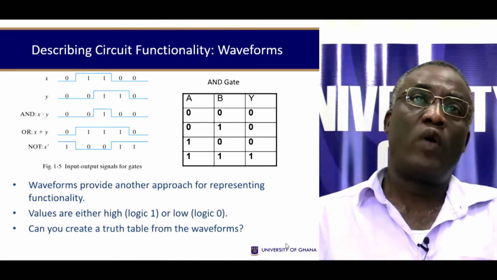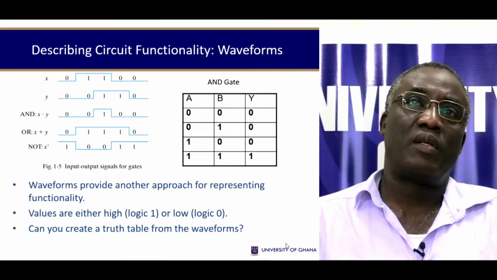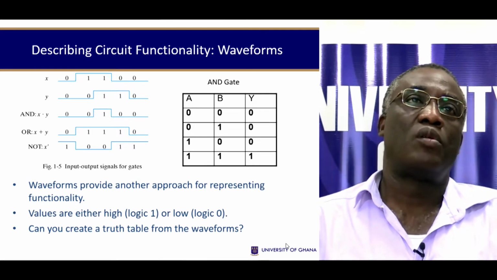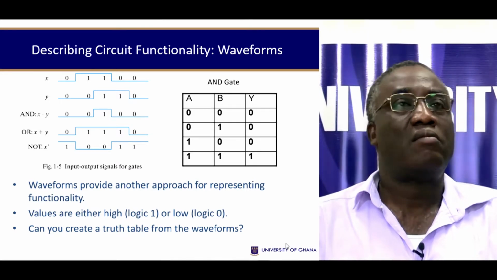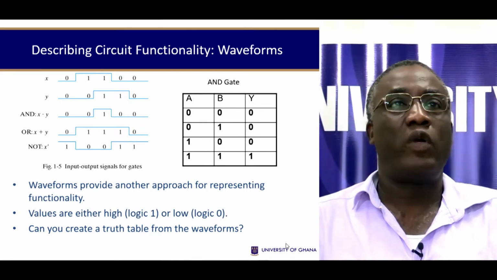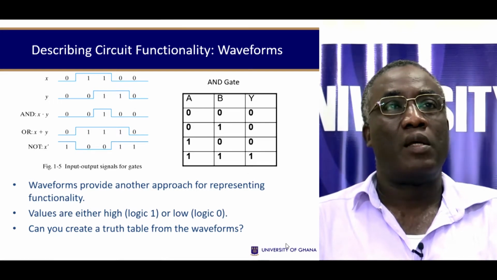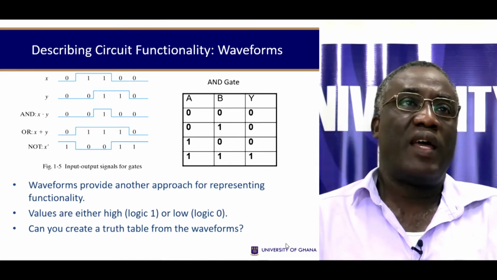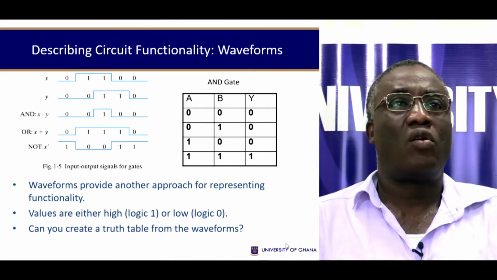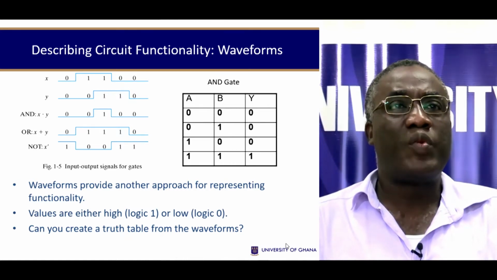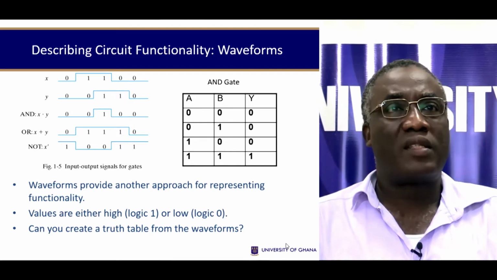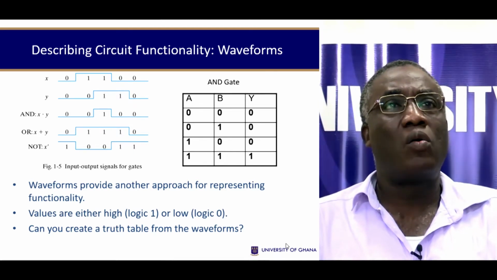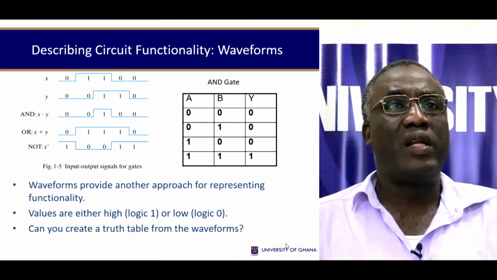Now, we can use waveforms to describe the circuits. So, if you have an X waveform and a Y waveform, then we can have X AND Y, or X OR Y, and we can represent that by these waveforms. So you can study this diagram and see how the two waveforms relate.